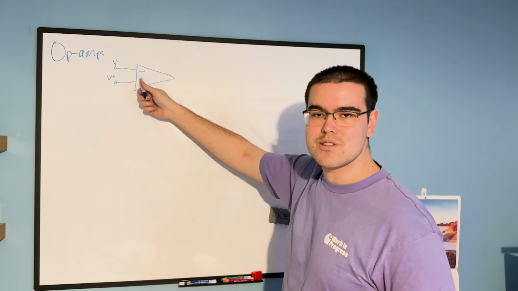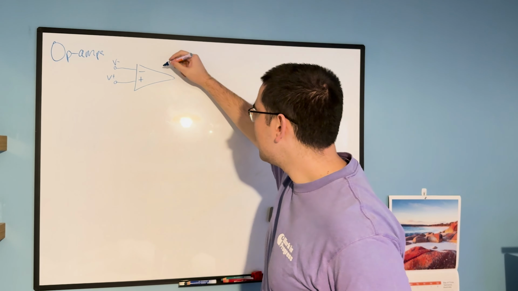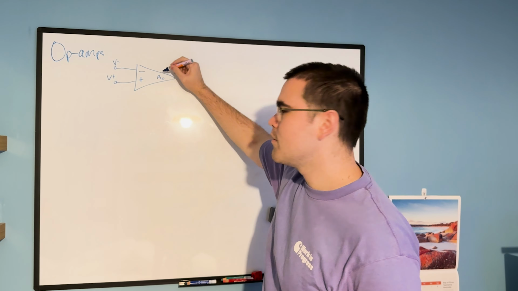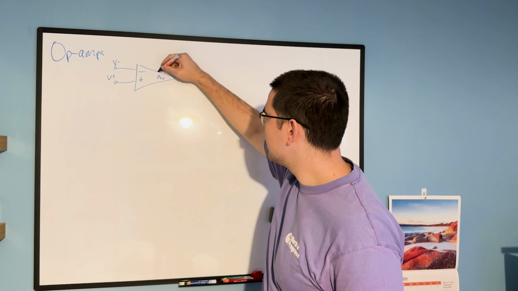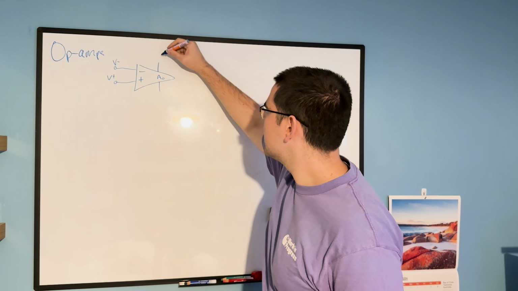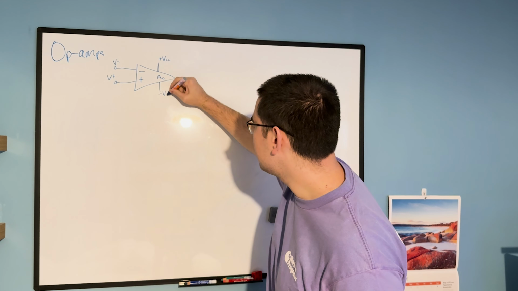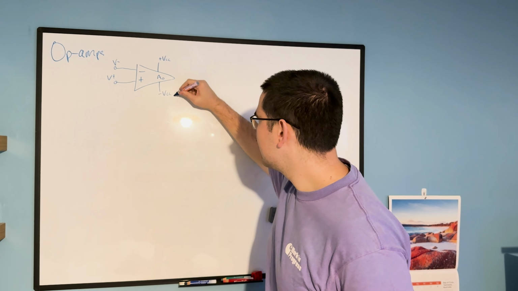So plus is non-inverting, minus is inverting. It has an open loop gain as well. We just call it AO. And it has supply rails as well. So it could be like plus VCC and minus VCC, or the bottom could even be the ground, okay?